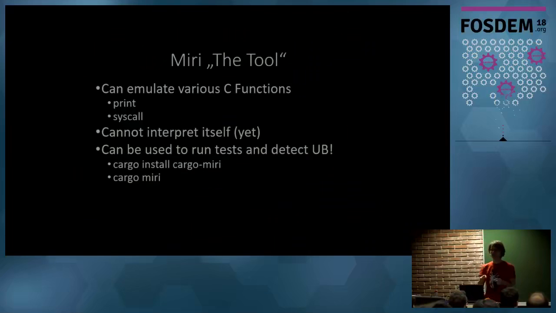Like if you're inside libstd in the vector function push inside something, however deep, it'll tell you a stack trace down to where you're doing undefined behavior. It's not like GDB, which crashes at some point when you're at an actual error. It stops you right when you're doing undefined behavior, right before it. And then you can even look at the memory and say, okay, how does it look? Where am I right now? And then you can find out how your code is doing undefined behavior. So this is the tool.